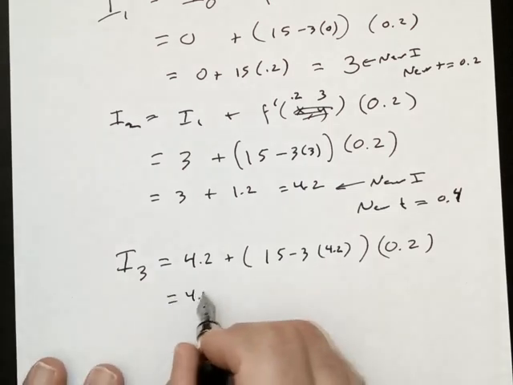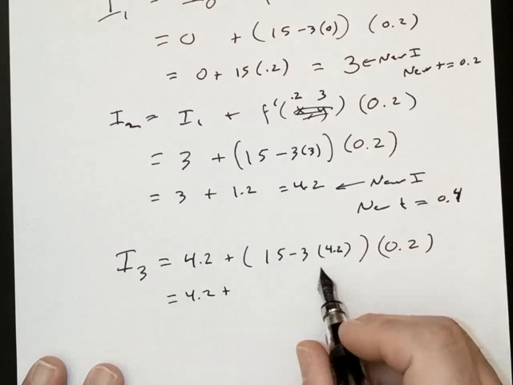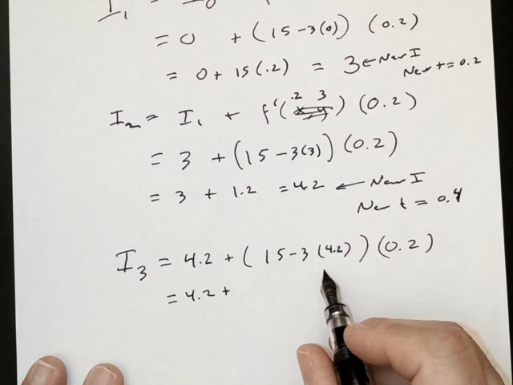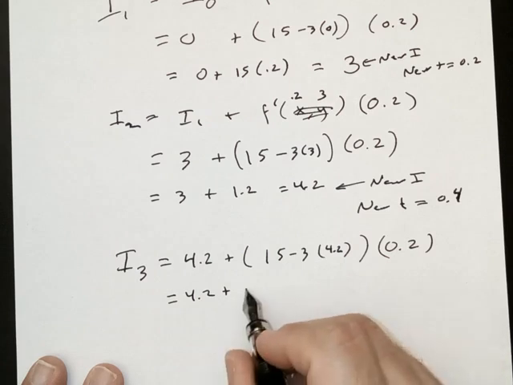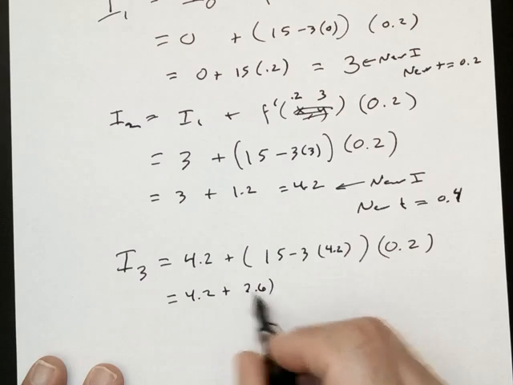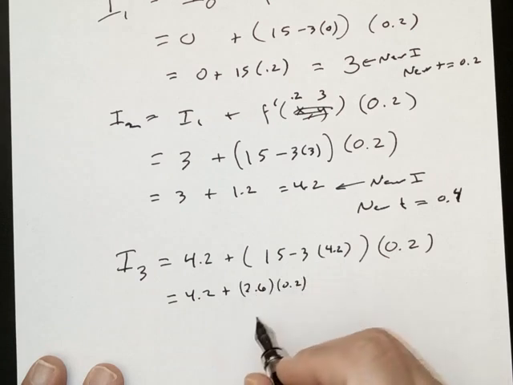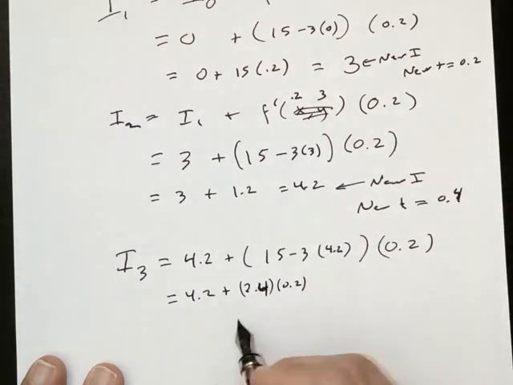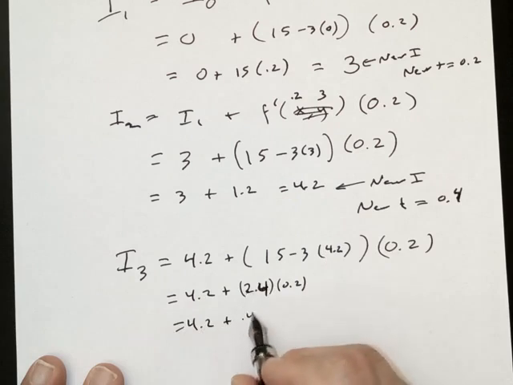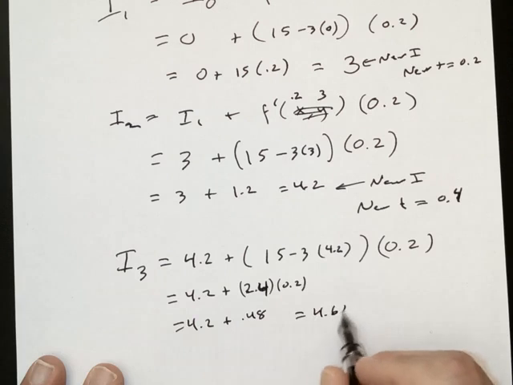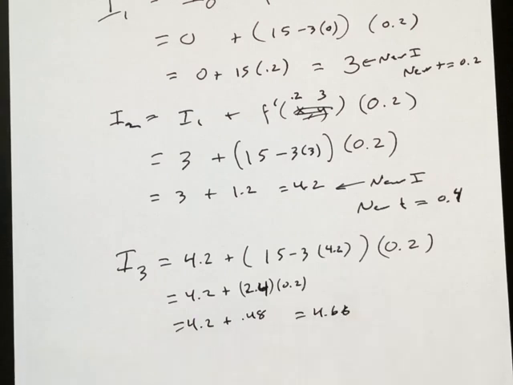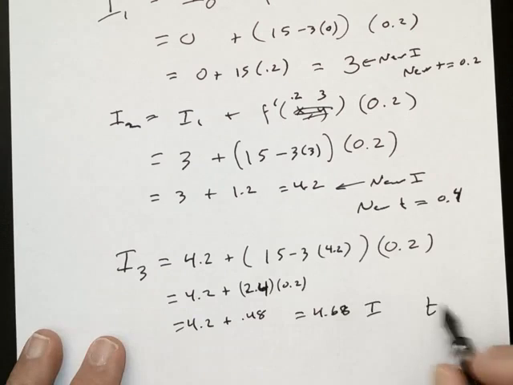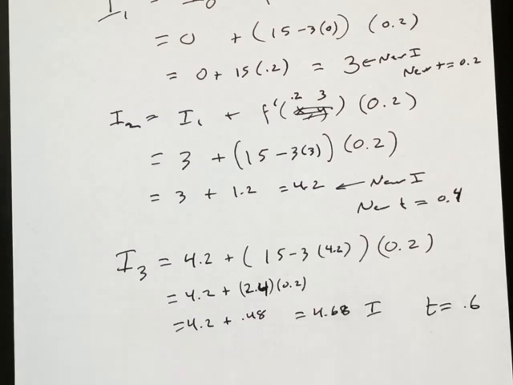So that's 4.2 plus, what is this number after I do the subtraction? 2.6 times 0.2? 2.4? Yes, 2.4. Times 0.2, so that's 4.2 plus 0.48, that's 4.68. And that's my I, and my new T is 0.6.